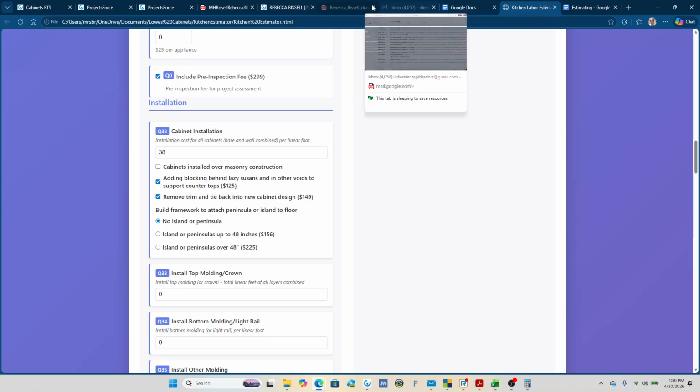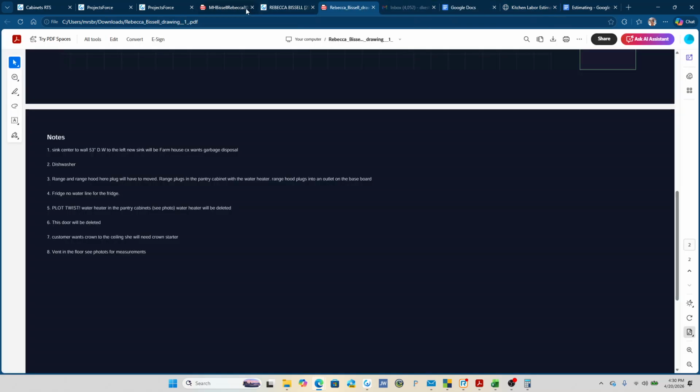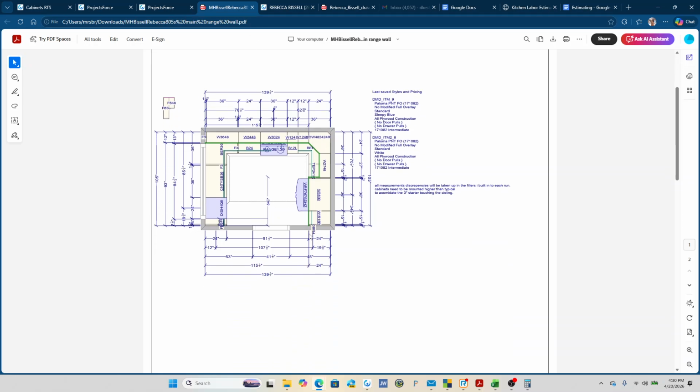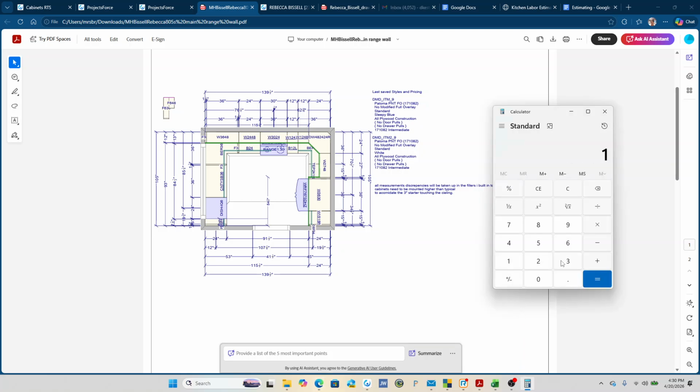So we can go back to our plans. You can see the green line right here. It's crown molding. So this wall is 139 inches, but it stops 24 short. He already told me that he was putting starter on here.